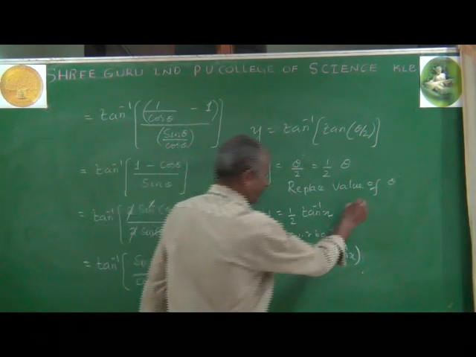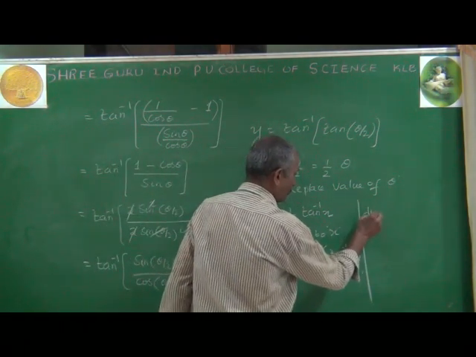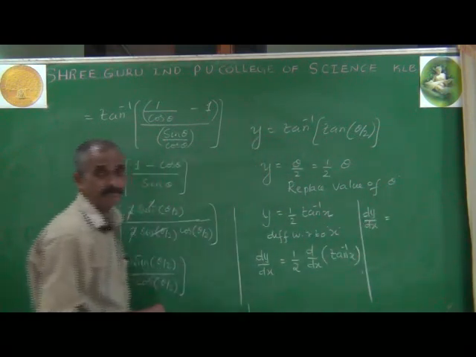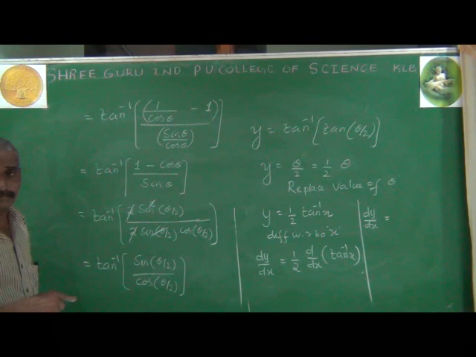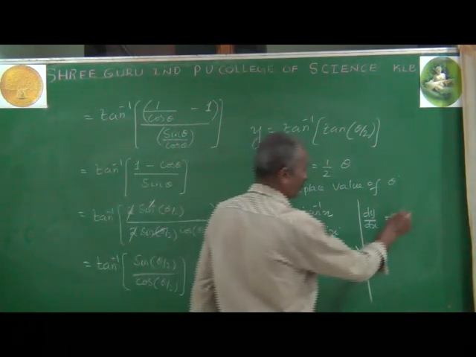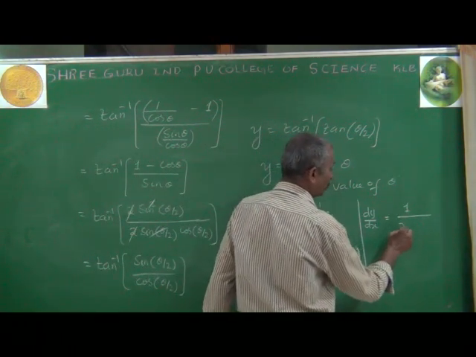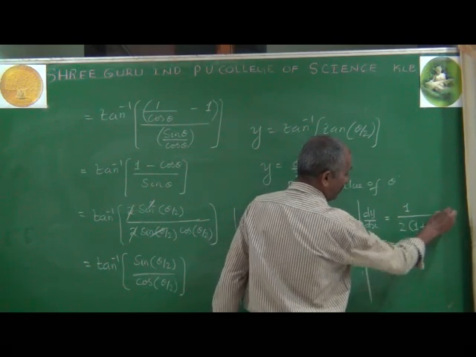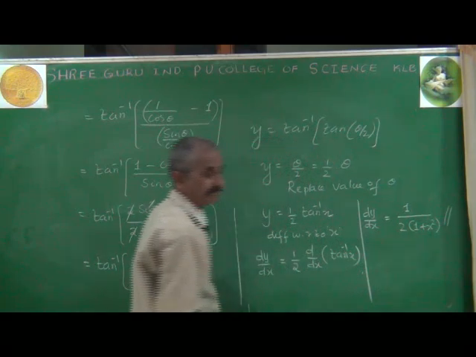Finally, dy by dx equals 1 by 2 into, we know the differentiation of tan inverse x formula is 1 by 1 plus x square. Overall, that becomes 1 by 2 into 1 plus x square. That is the required result as asked.